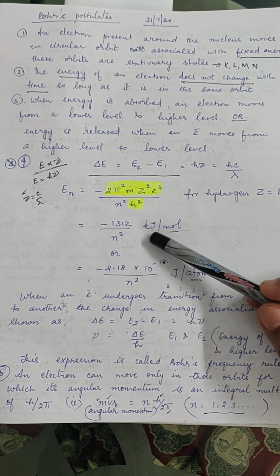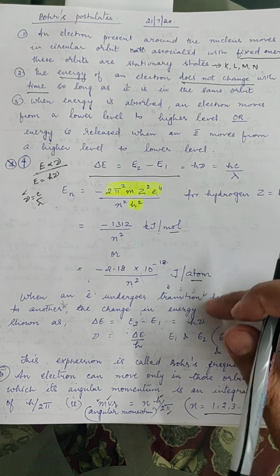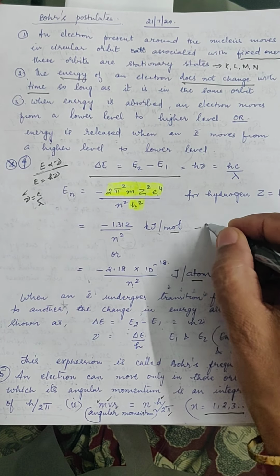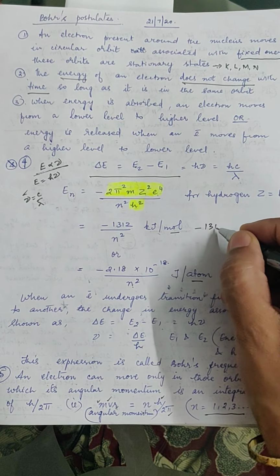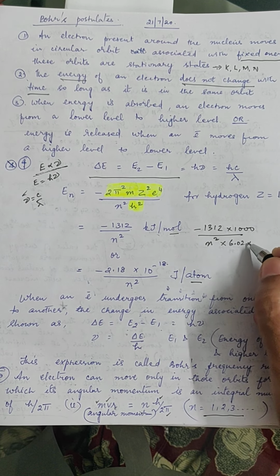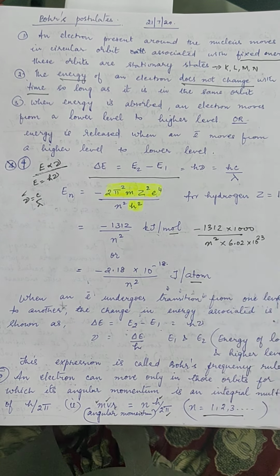Now if you want to have kilojoule per atom or joules per atom, then what do you do? You have to divide this by Avogadro number. First of all, you want to convert kilojoule into joule, then it would be minus 1312 into 1000 upon n square. And if you want to convert per mole into per atom, then you have to divide this by Avogadro number, which is 6.02 into 10 raised to power 23.